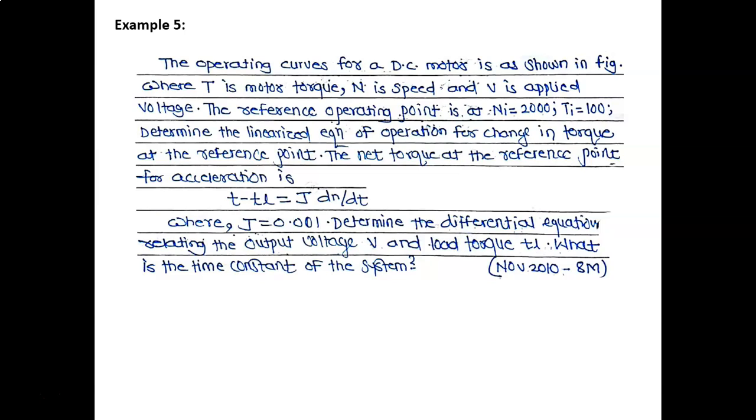Example 5. The operating curve for a DC motor is as shown in figure, where capital T is motor torque, N is speed and V is applied voltage. The reference operating point is at Ni is equal to 2000 and Ti is equal to 100.